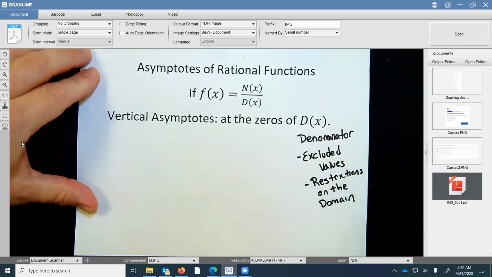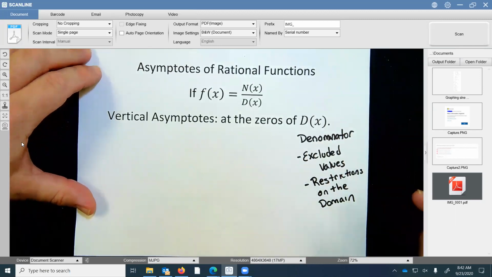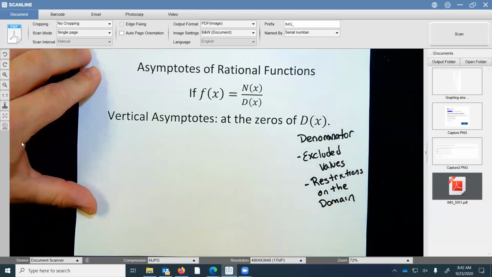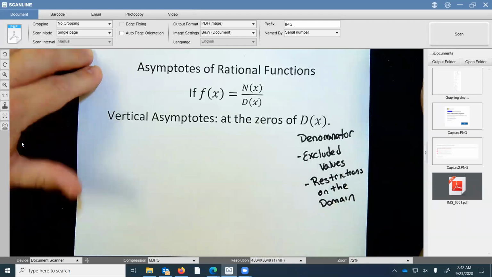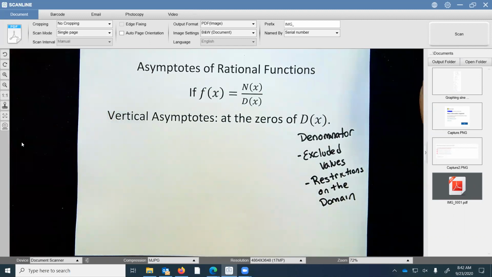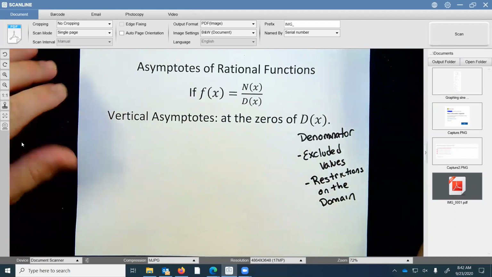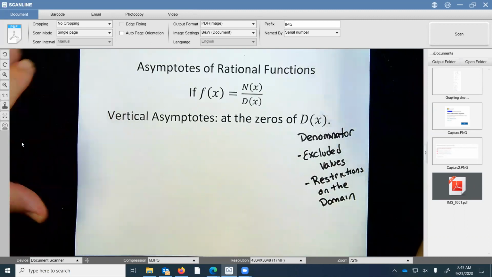So vertical asymptotes are really easy to find. I just look at the denominator and I look for my restricted values. And that's generally where the asymptotes are going to be. There is a case where they're not, and we're going to talk about that in just a second.